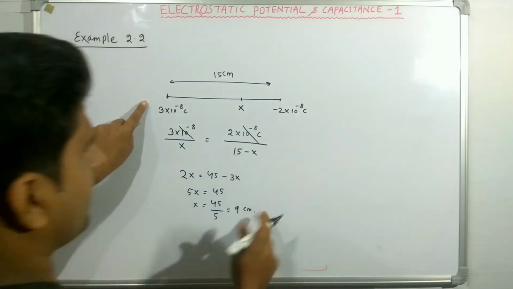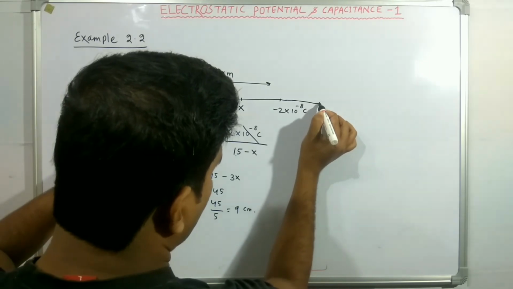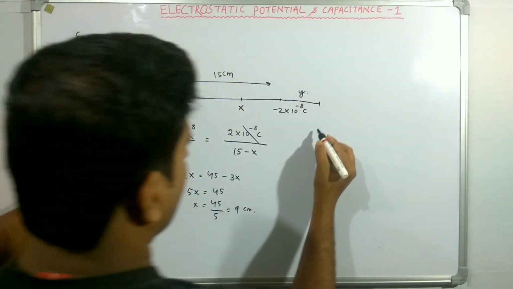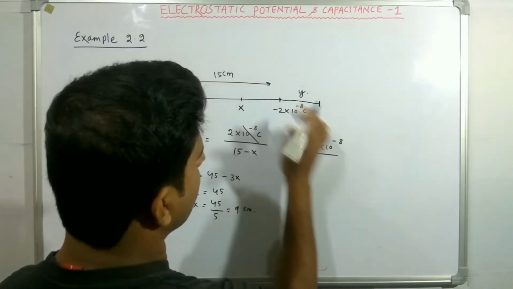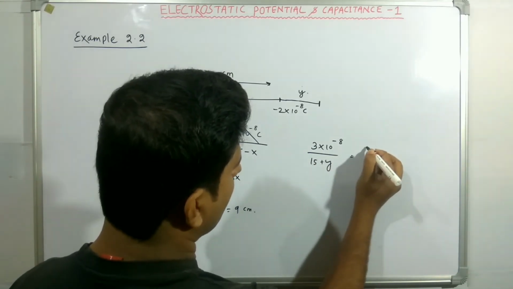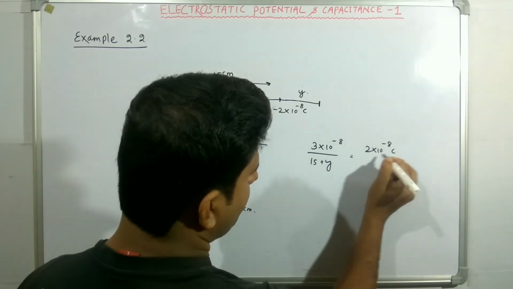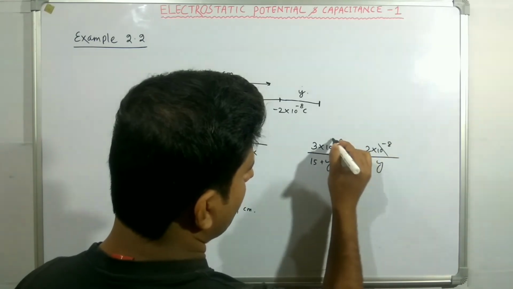And another point where the net electric potential is 0, suppose it is y. So we write 3 × 10^-8 divided by the total distance, which is 15 plus y, equal to 2 × 10^-8 divided by y. The 10^-8 usually cancels.